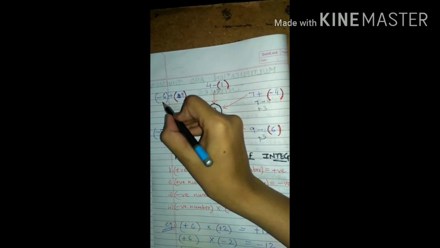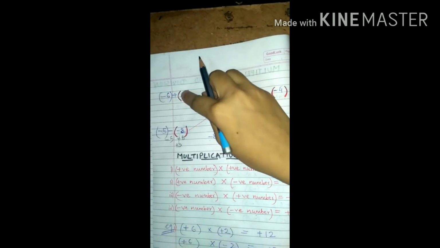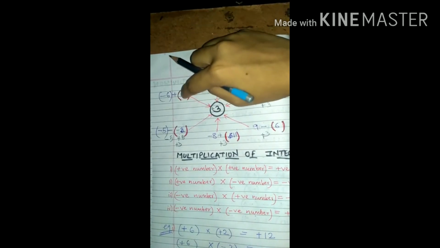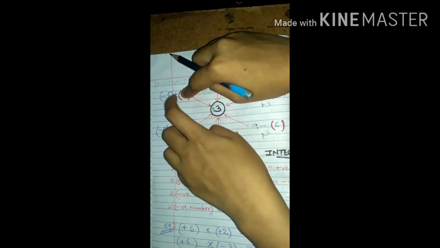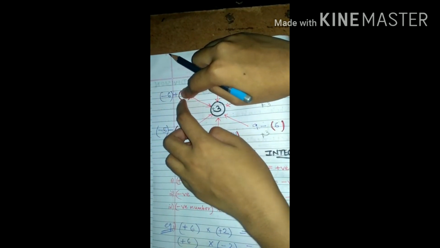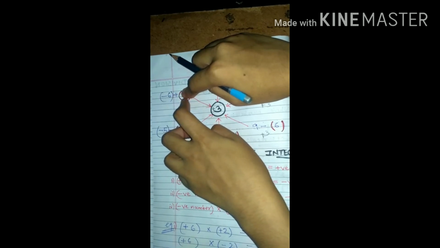Similarly this. Minus 6 plus which number? If we take minus 6 plus a positive number, if we take 3, then what happens? Minus plus minus, then 6 minus 3, we will get 3.